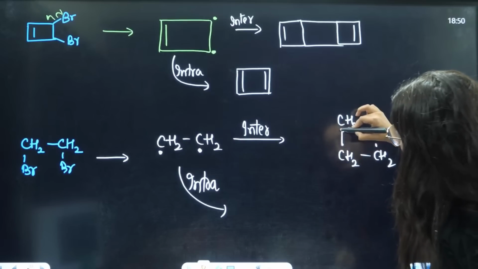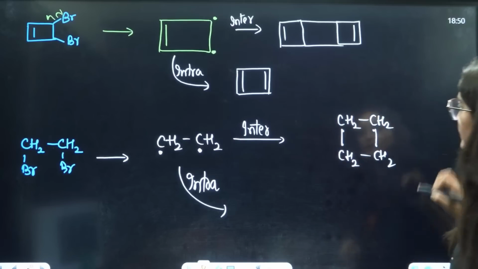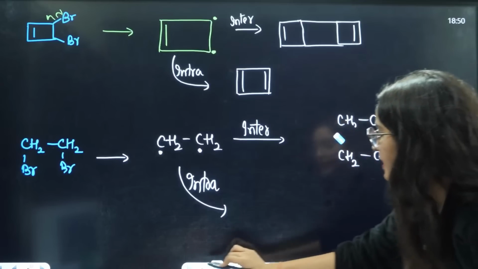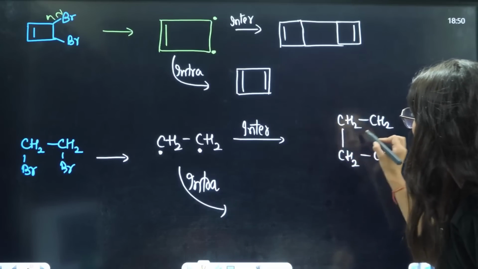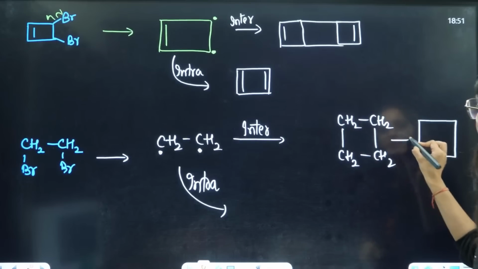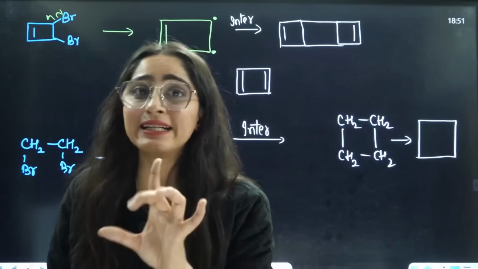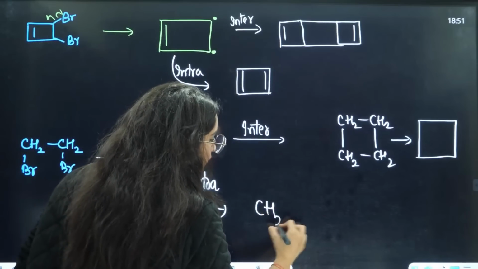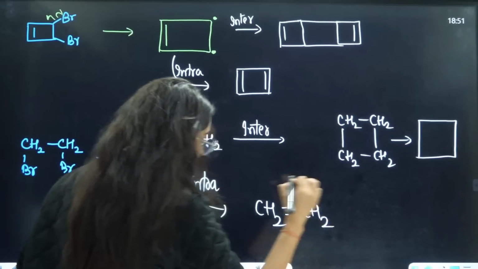They will join together like this, and you will have the formation of these bonds here, right? This cyclobutane is formed in intermolecular. But with intramolecular, when they combine together, you will have the formation of this.